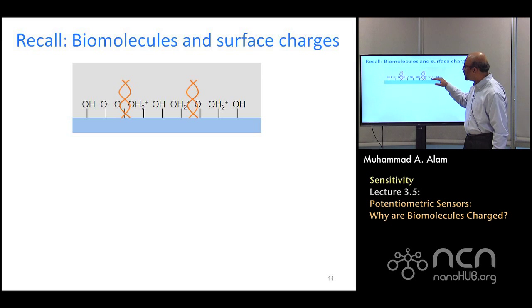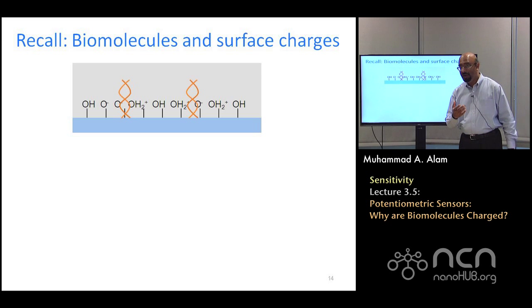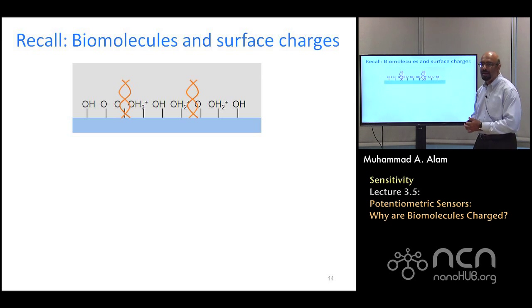And we have, of course, on the surface itself, also positive and negative charges. And remember, this value depends on the pH itself. As soon as you tell me what the pH is, I can tell you the charges for all the biomolecules and what the surface charge is, right?